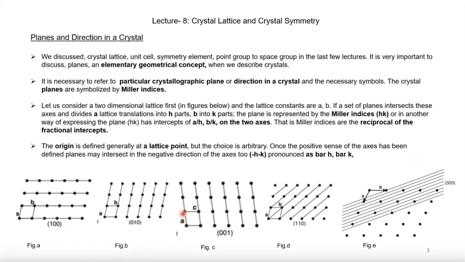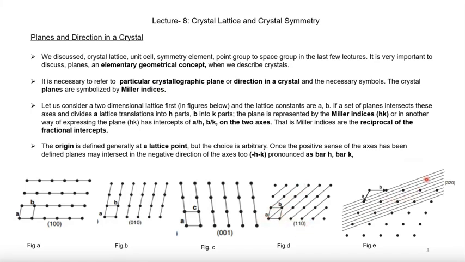Note that now it is A and C; B is not shown in this figure. If we take this direction, we call it 0 0 1. Similarly, we take this one. Again, the C direction is out of the plane of B and A, and here is the origin. If we have a plane like this, we call it 1 1 0.